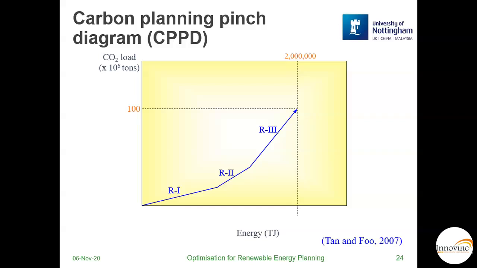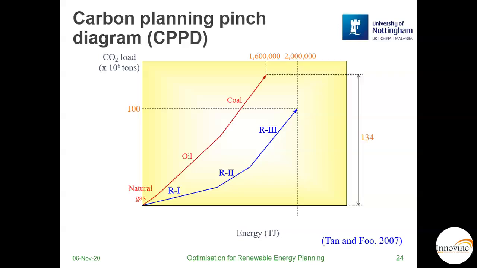We can say these are cities with lots of residential areas. Obviously, some of these cities will require higher amounts of energy, represented by the horizontal distance. Some regions can tolerate higher amounts of CO2, such as R3. But in total, these three regions should not accept CO2 limits higher than 100 million tons. The total energy required is 2 million terajoules.